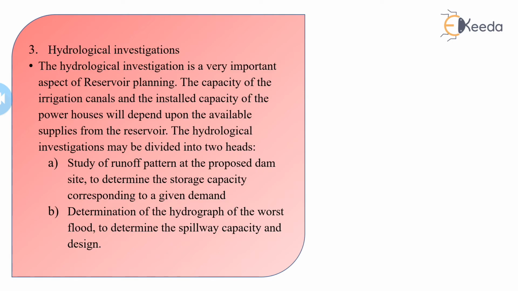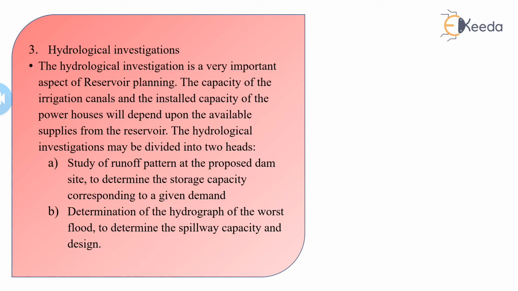After storing this much water, we can successfully divert it for various purposes: for agriculture, for hydroelectricity generation, for domestic purposes, for industrial purposes. Then we have navigation. We have lots of purposes, so we can use this by doing this hydrological survey.